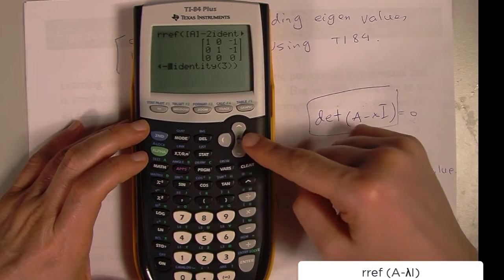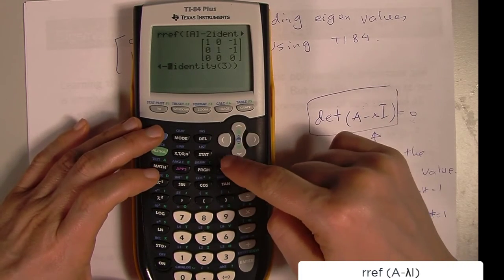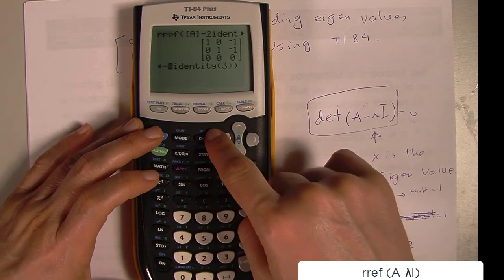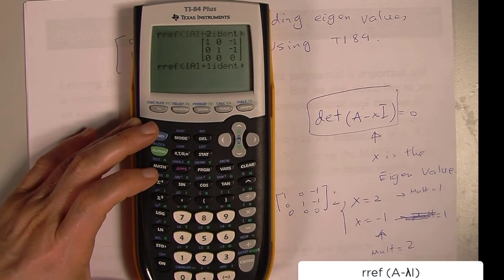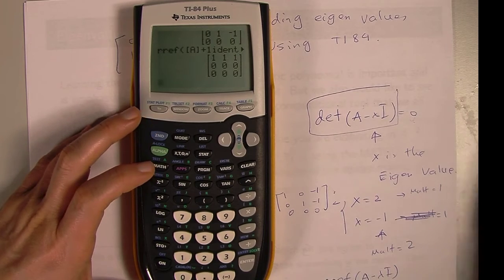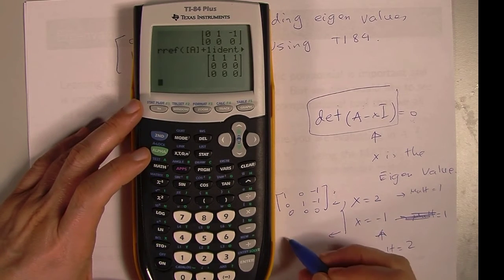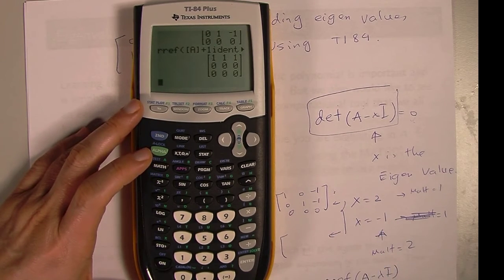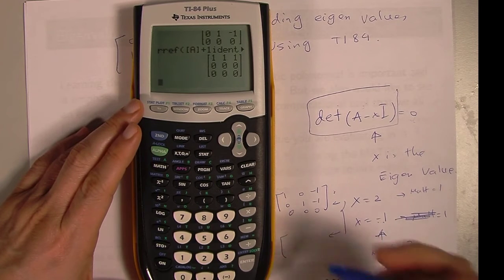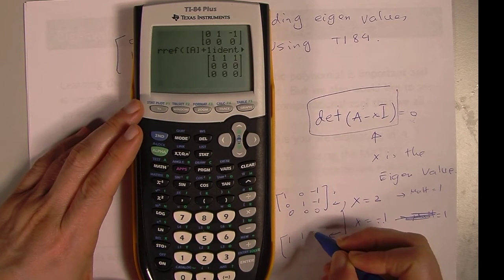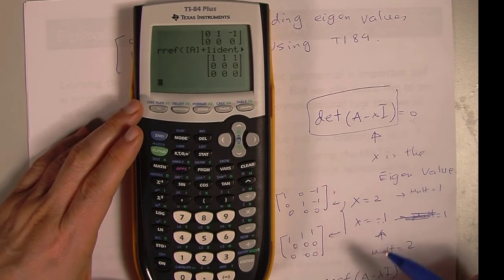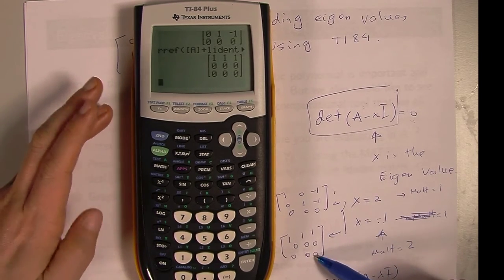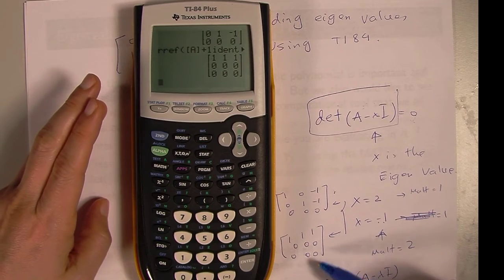Instead of 2, I can enter -1, which makes this positive 1. And then I get the reduced row echelon form of A minus lambda I for lambda equals -1: 1, 1, 1, 0, 0, 0, 0, 0, 0, which is a null space of dimension 2.